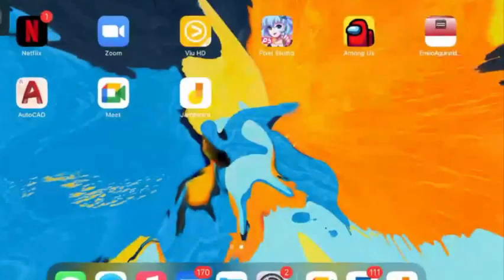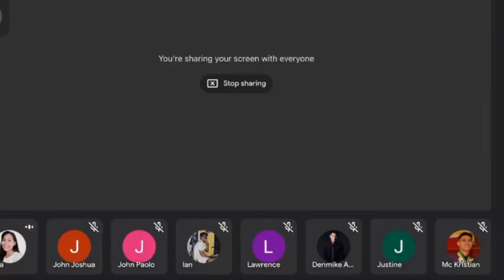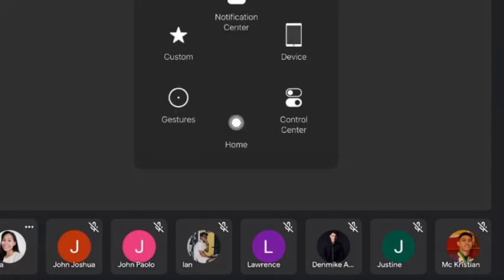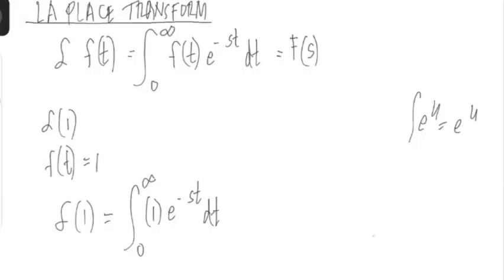Hindi na sumagot si Julia. Ano? Sige, go on. Sige, Julia, go ahead. Sir, try lang po. Negative e raised to negative st po.